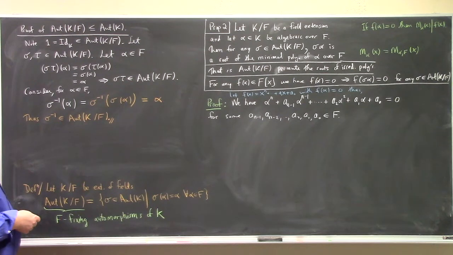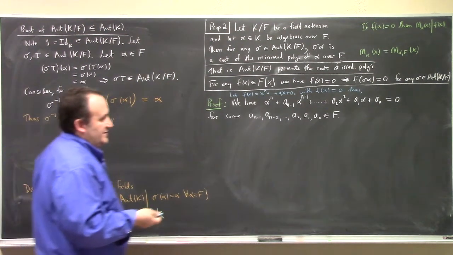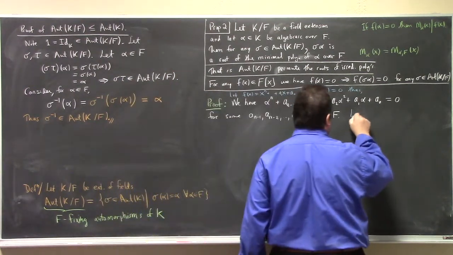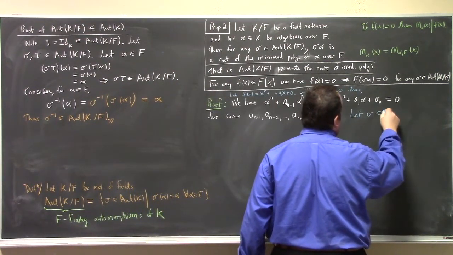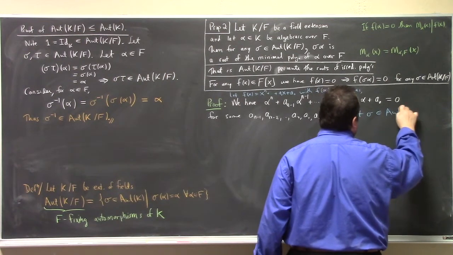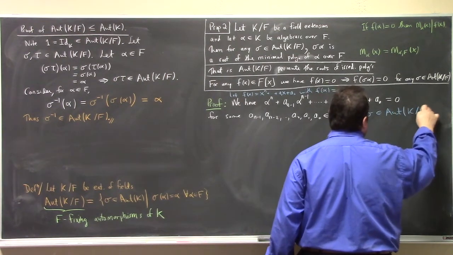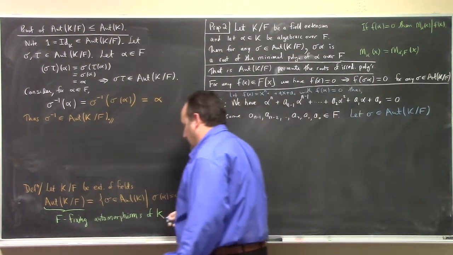Now what's our goal? Our goal is to show that f of sigma alpha is also equal to 0, right? So let sigma be an element of the automorphism group of k over f. Let sigma be an f-fixing automorphism of k.